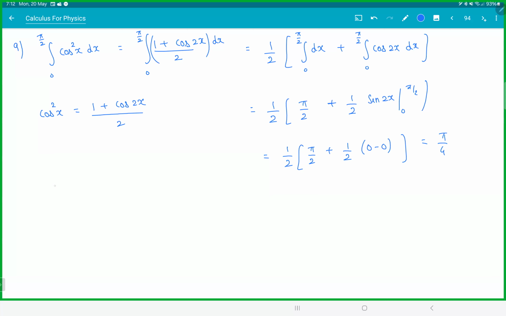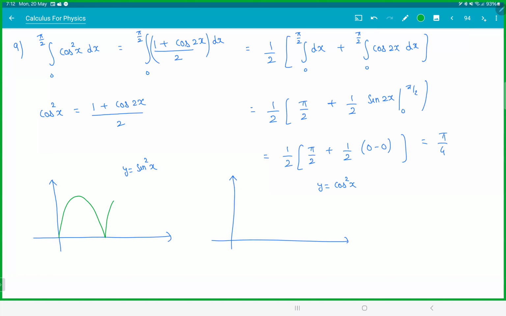The same answer. The reason you get the same answer is because if you actually plot the graphs, you'll notice something. Y is equal to sin square x. Y is equal to cos square x. The sin square x graph looks like this. It's all positive. Cos square x graph looks like this.